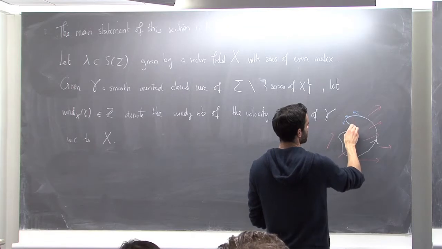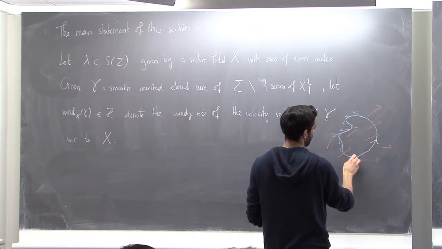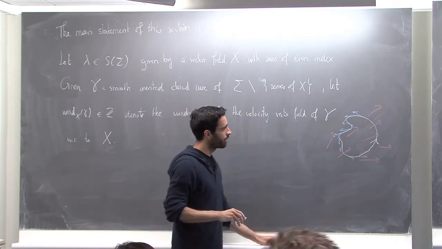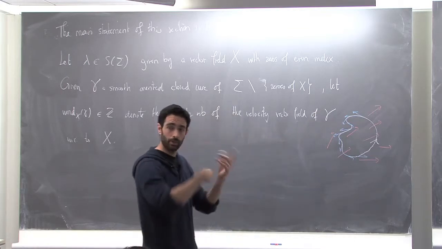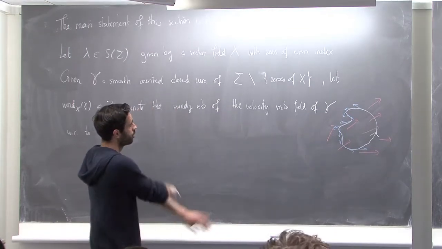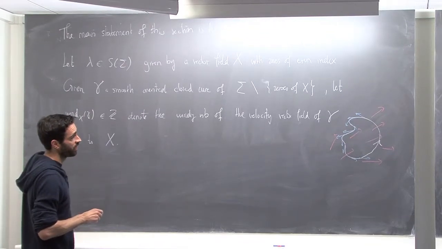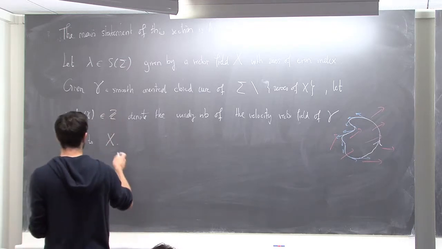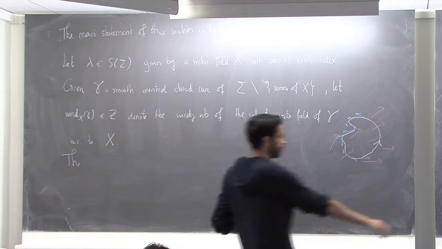So that's what I'm drawing right now, etc. And you want to count how many times this velocity vector field turns with respect to the fixed vector field x. Okay, theorem. Maybe I'm going to state it on the other board.